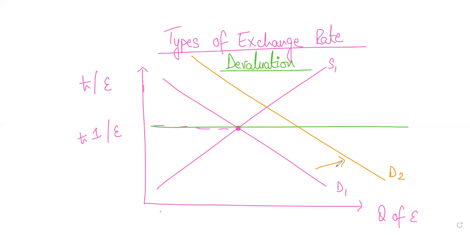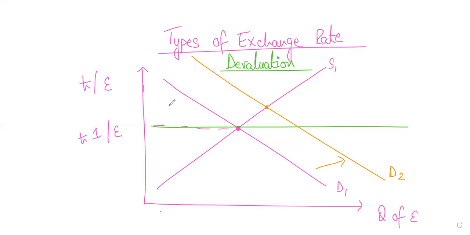Let's say that might be France or Germany, because that doesn't make any difference, since all these countries use the same currency. You would know, the European Union uses euros.